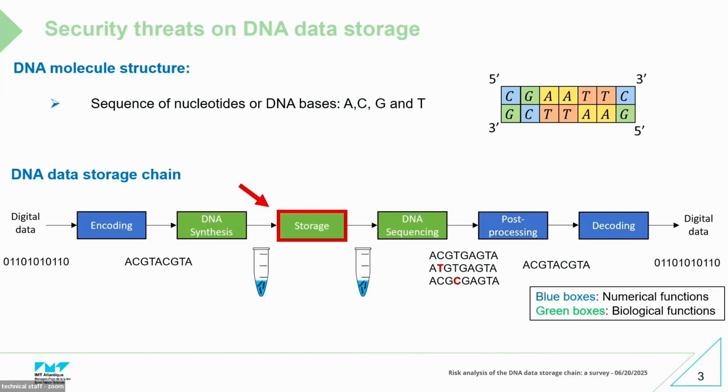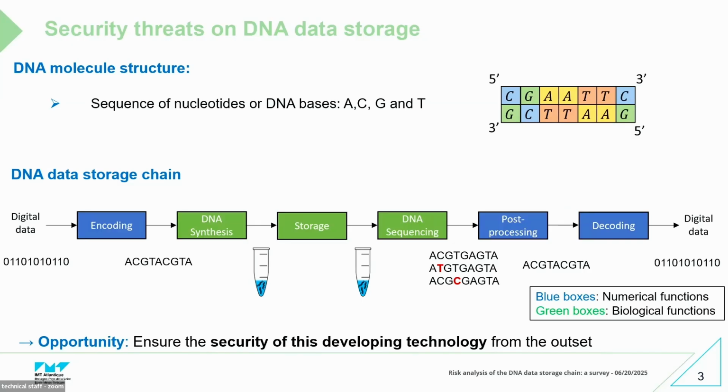And to recover data, DNA molecules are first amplified and sequenced, and then post-processed with bioinformatics algorithms and decoded back to binary. As this technology is still in development, there is an opportunity to secure it from the outset, meaning before deploying it into everyday applications.